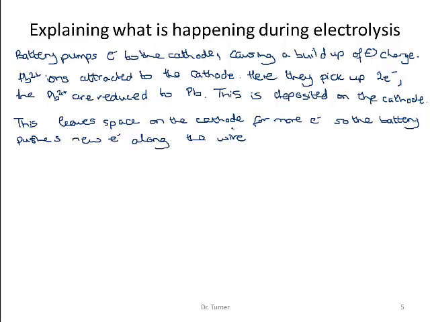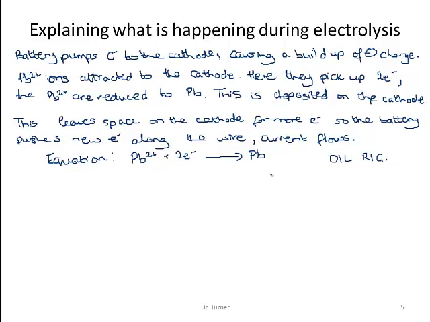So space is left on the cathode for more electrons, so the battery pushes new electrons along the wire and current flows. We have an equation for this: Pb2+ plus 2 electrons goes to give Pb. Just remember the acronym OIL RIG. Oxidation is loss of electrons, reduction is gain.